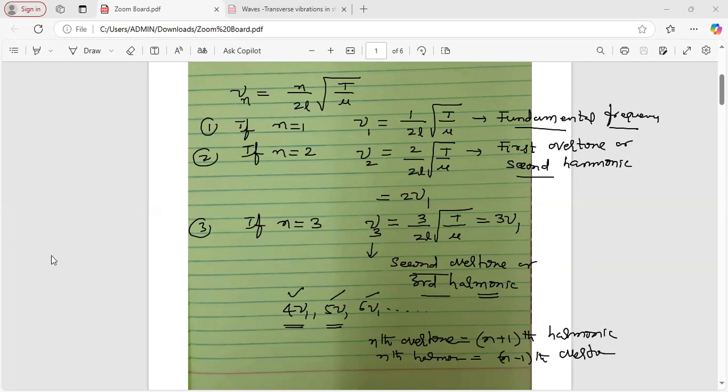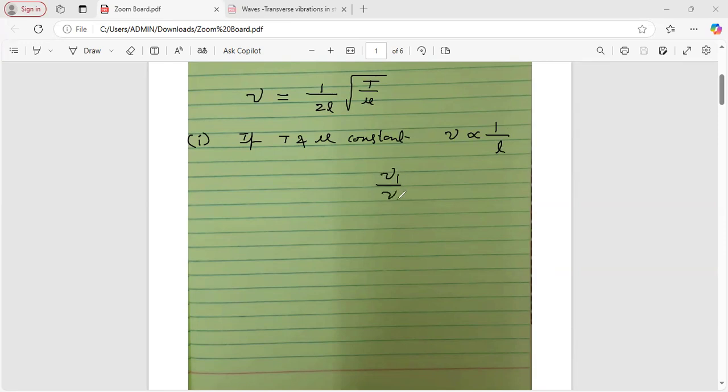Now, let us take the fundamental frequency of the stretched string, that is 1 by 2L square root of capital T by mu. When the string is vibrating with one loop, or the fundamental mode of vibration, if the tension in the string and the linear mass density are constant, then the fundamental frequency depends on length as nu inversely proportional to length.